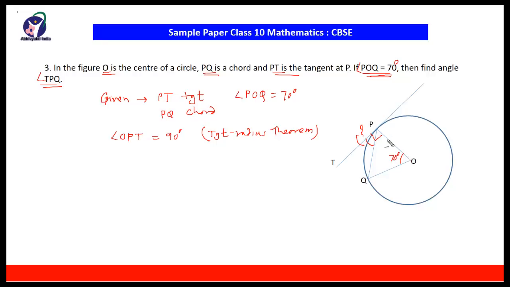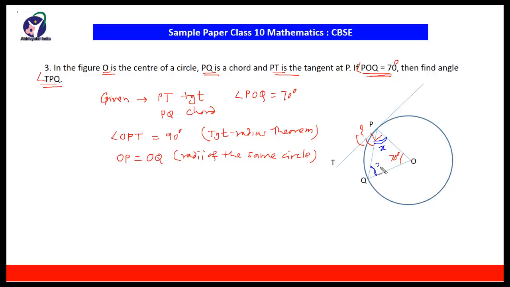But here we see that OP and OQ are the radii of the same circle, and therefore OP is equal to OQ, because both are the radii of the same circle. Therefore, triangle OPQ is an isosceles triangle, and therefore these base angles, these two angles, will be of equal measure.